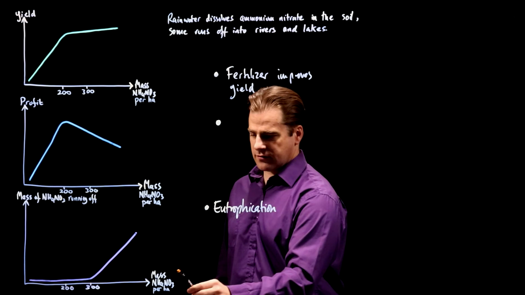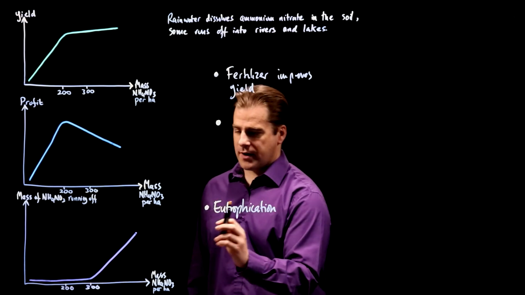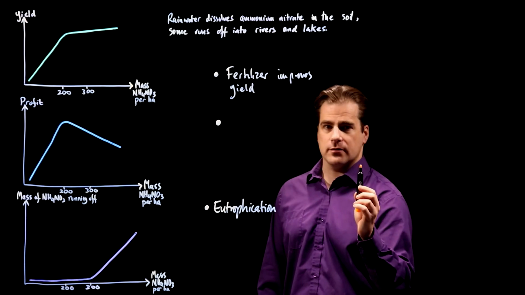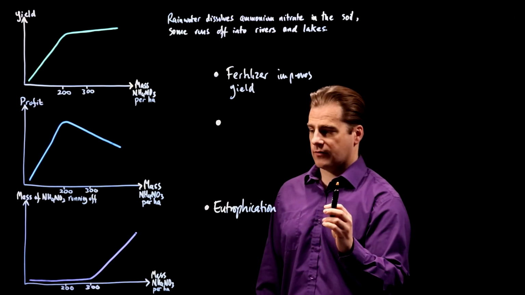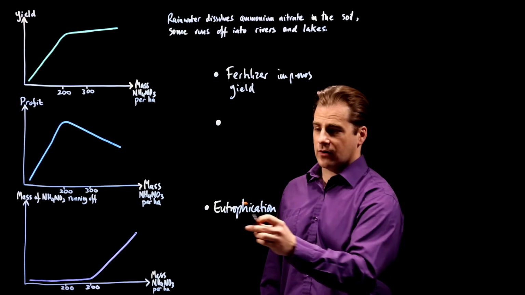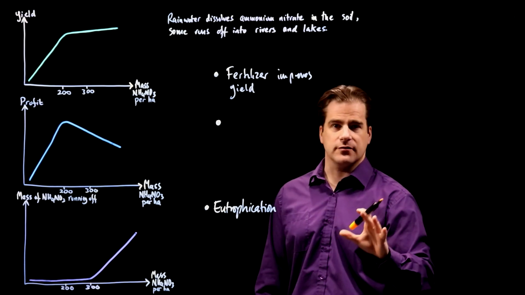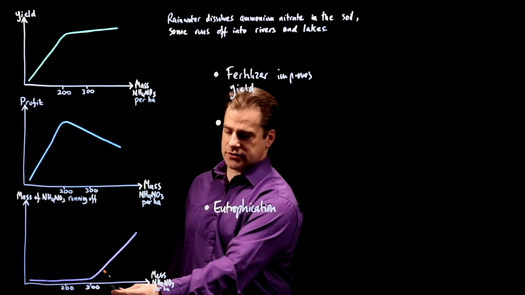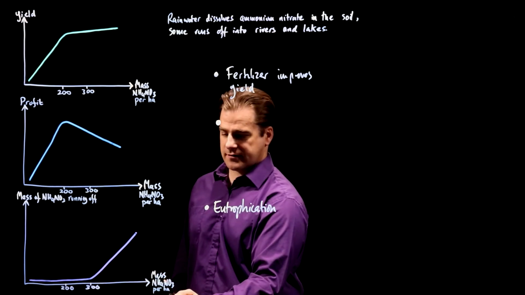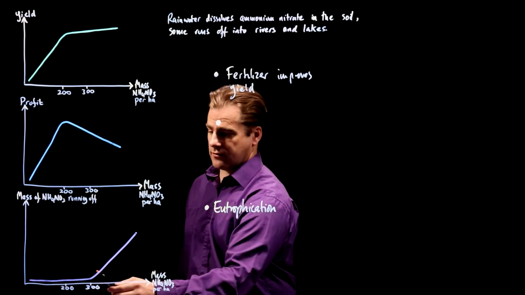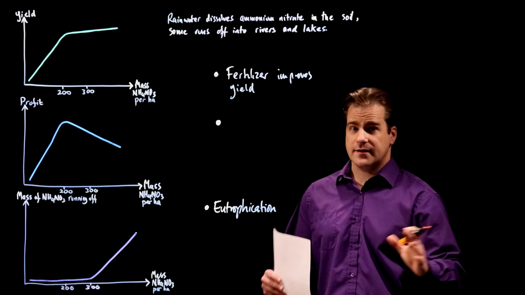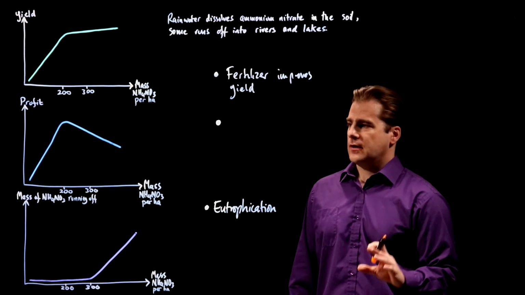It's important to minimize the mass of ammonium nitrate running off into the rivers because of eutrophication, and it's harmful for the environment. So ideally, farmers should keep the mass of ammonium nitrate below 300 for a low runoff. Okay, you getting the idea, the sort of thing you've got to say?